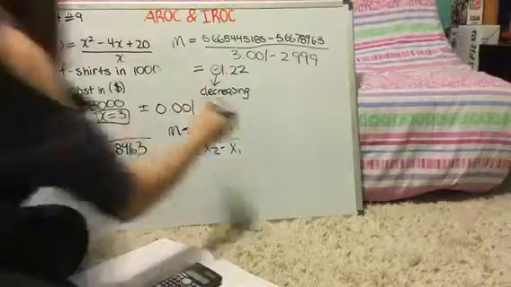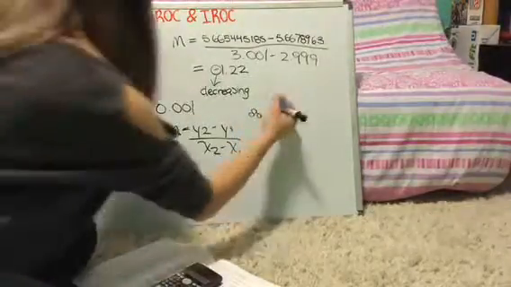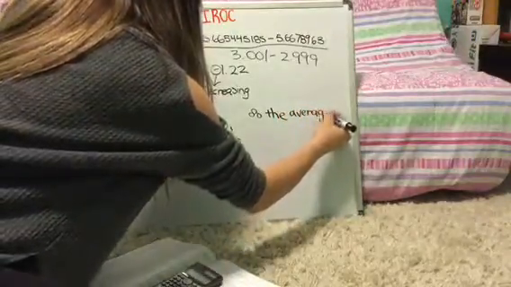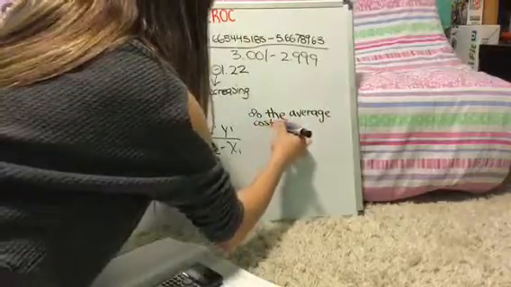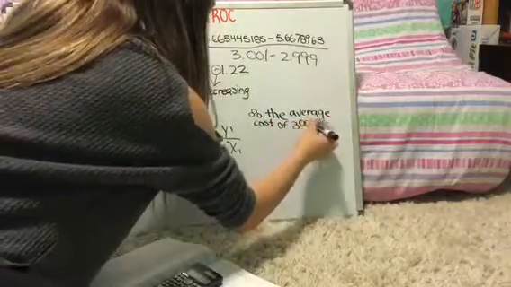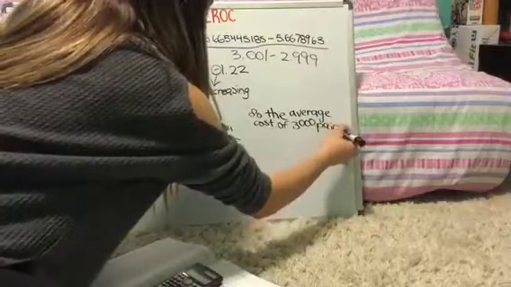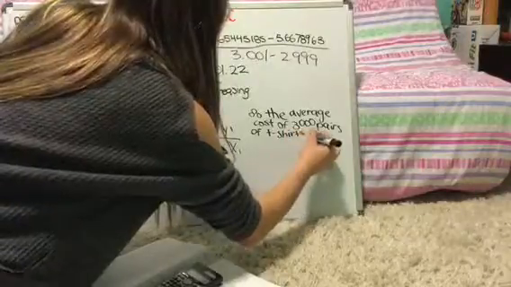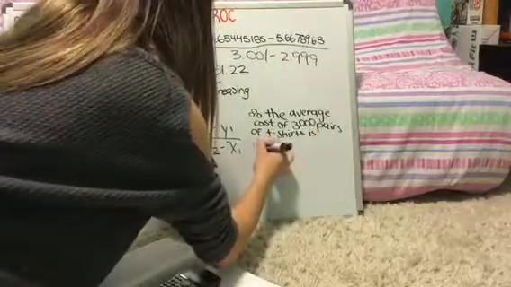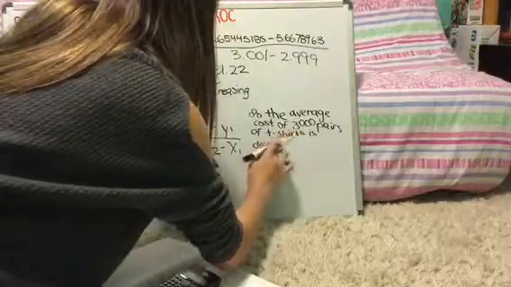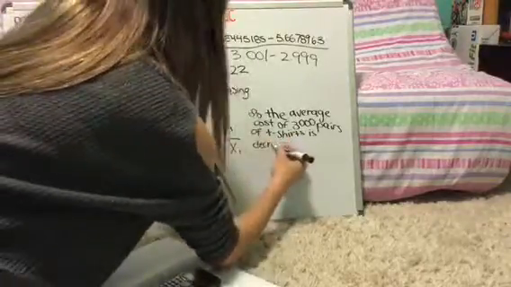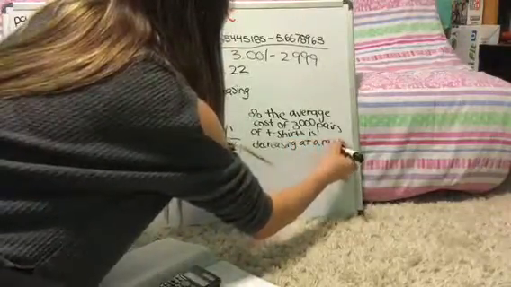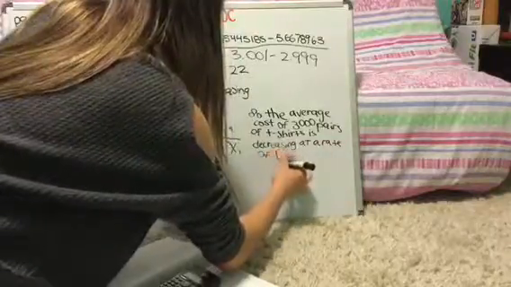So in our final closing statement, we can say, therefore, the average cost of 3,000 pairs of t-shirts is decreasing at a rate of 1.22.